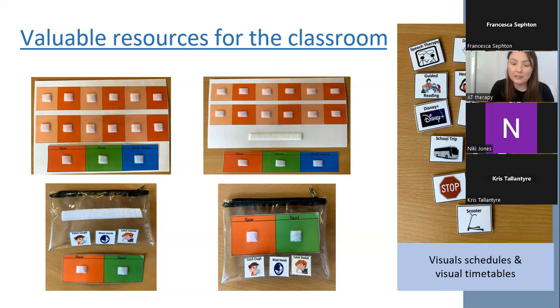I found that really useful if something unexpected happens that I haven't got a visual card for. I can just use a whiteboard pen and write down the transition on there, or draw a picture as best I can, and hopefully that will work for your learners as well. It's a handy tool to have, just in case you don't have that specific visual card. Any questions about that, just pop them in the chat.